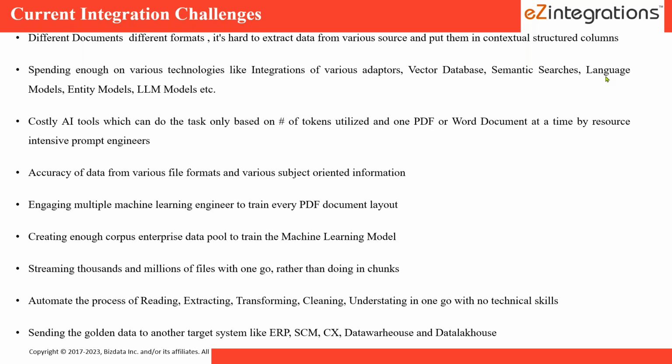And then you need engineers who understand large language models. So it is a huge investment and a time-consuming activity with multiple sets of activities. For a pool of documents you want to understand, you may end up investing thousands of dollars just for creating AI document understanding.